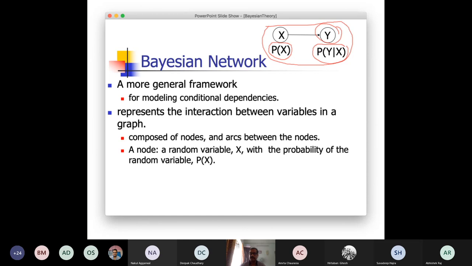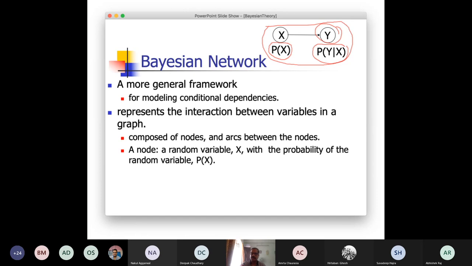We are not giving the marginal probability. The node which does not have any incoming edge showing conditional dependencies on other variables is a kind of free random variable in this Bayesian network, and for it we have marginal probabilities. Whereas the nodes bound by incoming edges represent conditional probabilities.